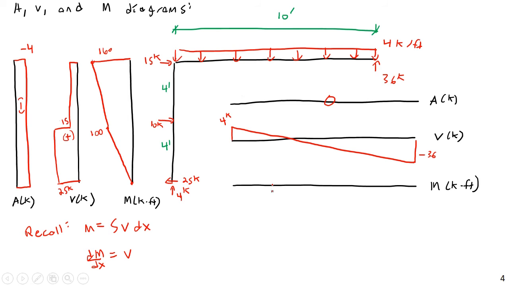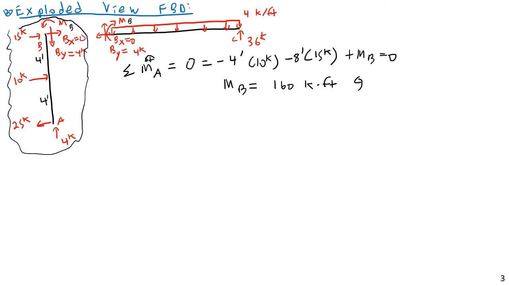Now, here's where it gets fun. The moment. Okay, so the moment is immediately going to jump up to 160. This is because of the end moment on the right. Now, I do want to take a note to look at the direction of this. So notice this MB here is a negative moment. It's a clockwise moment applied to it.